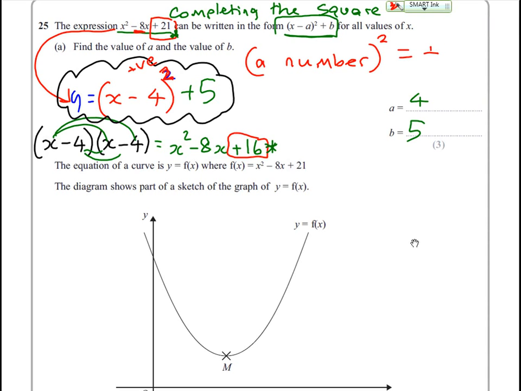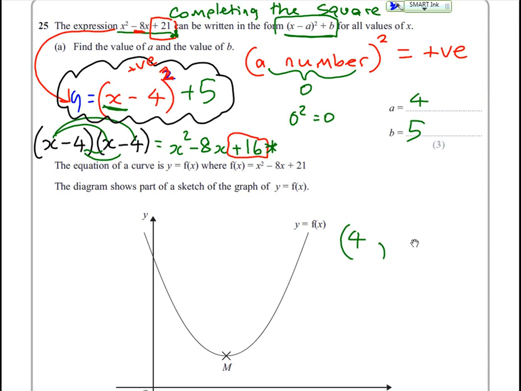Okay? So if we're trying to get a small number, the best that we could do is try and make this number 0. Because if we make that 0, we get 0 squared equals 0. So what do we need to put for x to make it 0? Well, 4, because 4 take away 4 is 0.